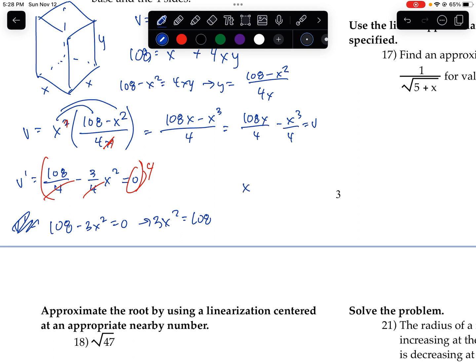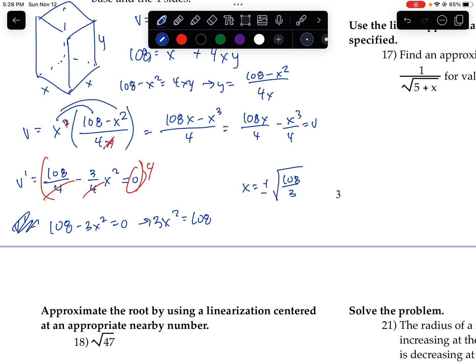So we're going to get x is equal to plus or minus the square root of 108 divided by 3. Is 108 divisible by 3?